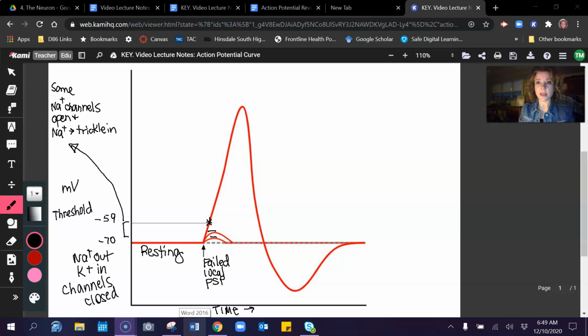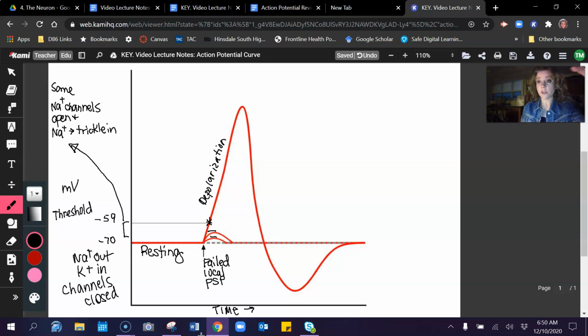So the next thing that I wanted to talk about is this. Once we reach negative 59, now we have our next phase of the action potential, which is depolarization. And that's what we have here. At resting, our cell is polarized.